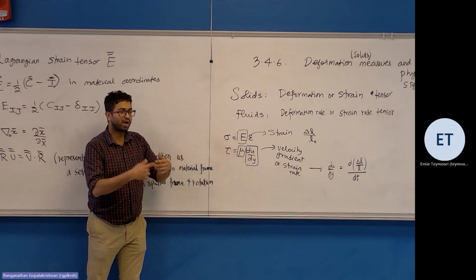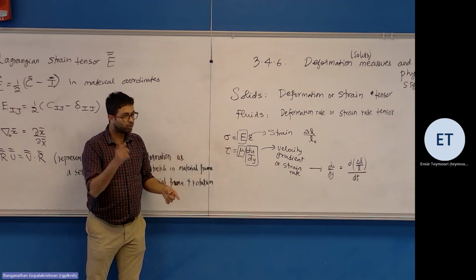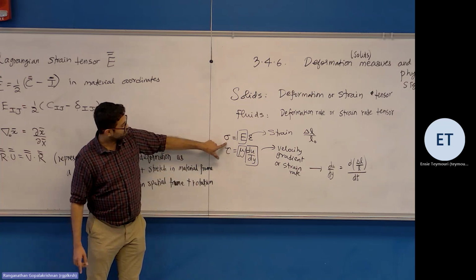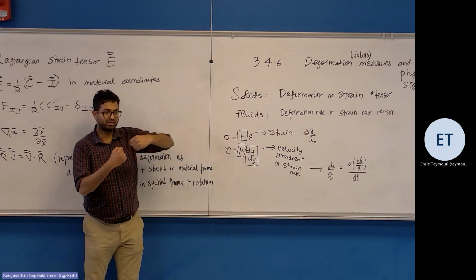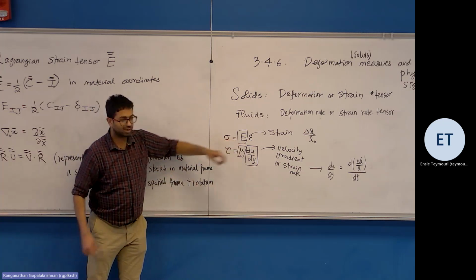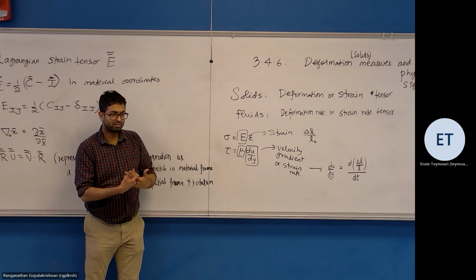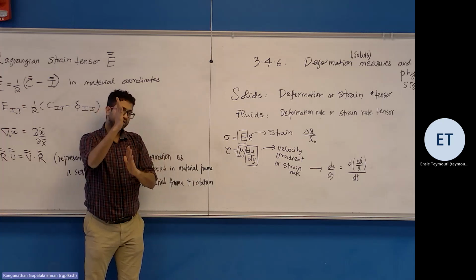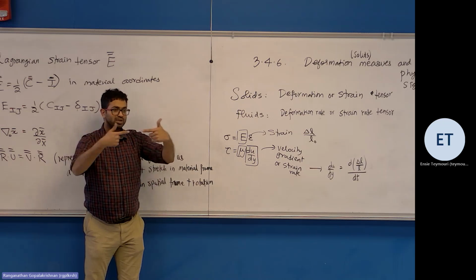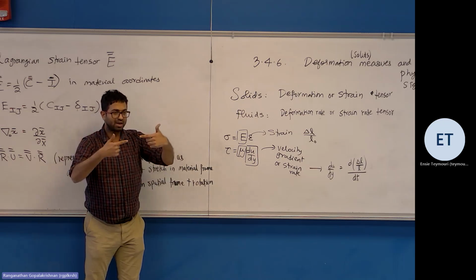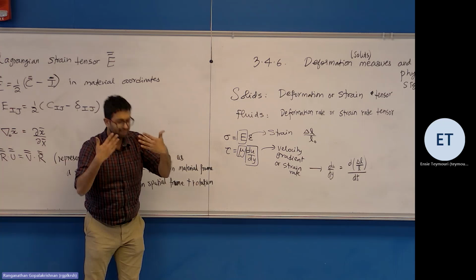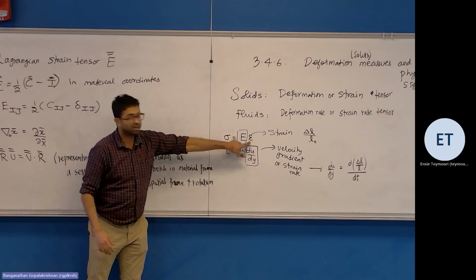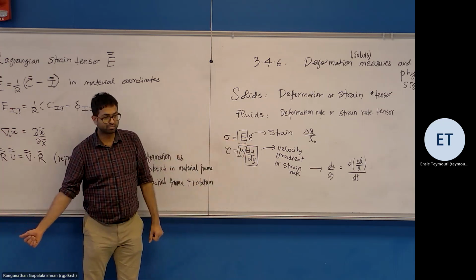We don't worry about what happens in the other direction. Now you know what happens in the other direction. If you write this for the axial direction, what is the equation for the radial direction and the transverse direction? If the length elongates by a certain strain, you know the transverse dimension will contract by a certain value, which is epsilon multiplied by the Poisson's ratio.